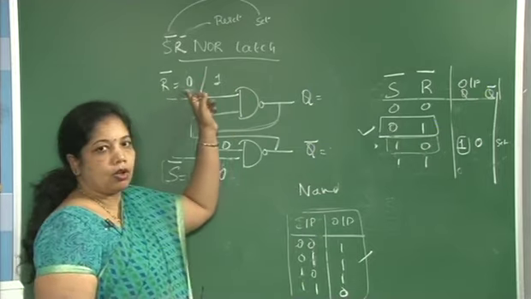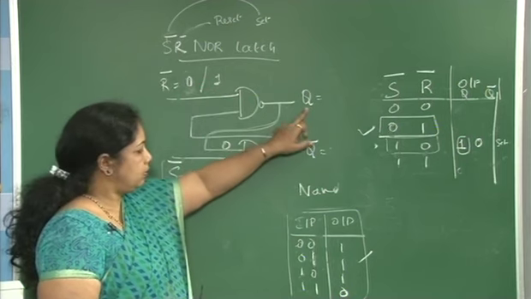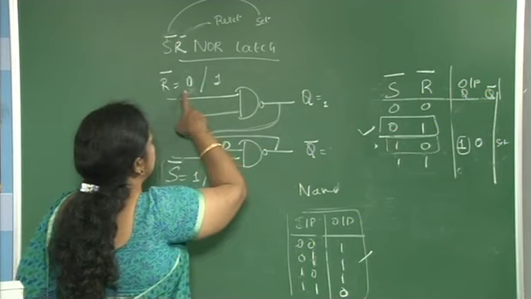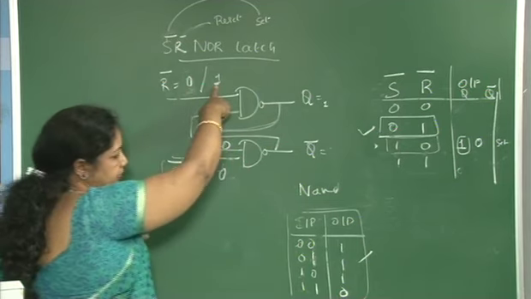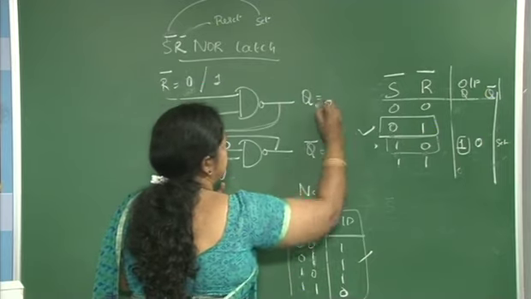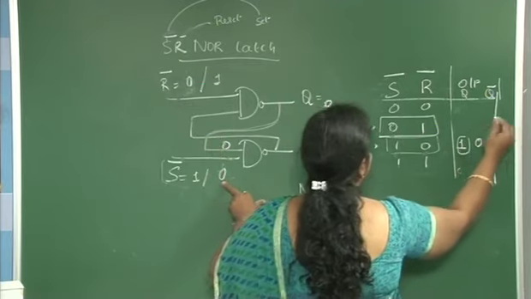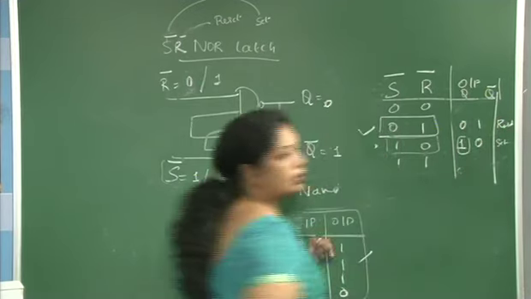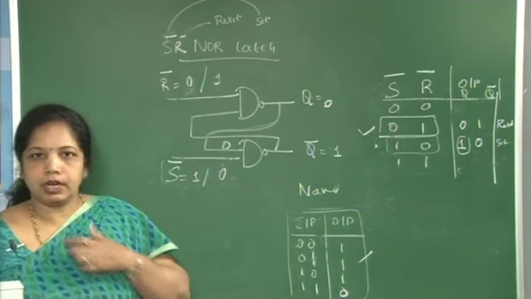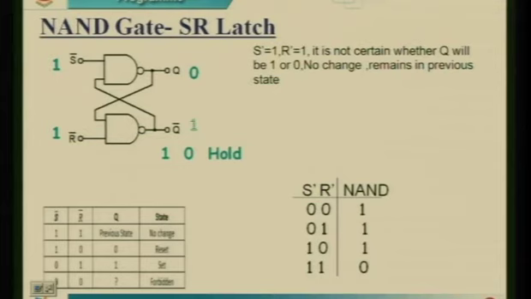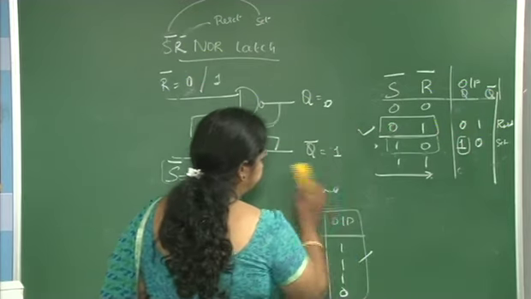So R complement is 0, my output will be logic 1. This is the reset condition. Similarly, if I give both 1 1 here, it is the reverse of SR.